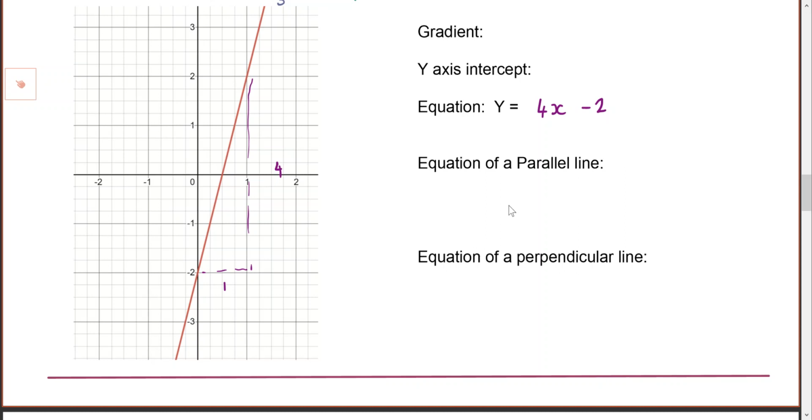A parallel line would be y equals 4x plus or minus anything you like, any number you want, all right? If I were to draw one, I'm not going to, but you got the idea, yeah? So as long as you've got 4x, you've got a parallel line. The perpendicular line, again, I would be able to draw that.